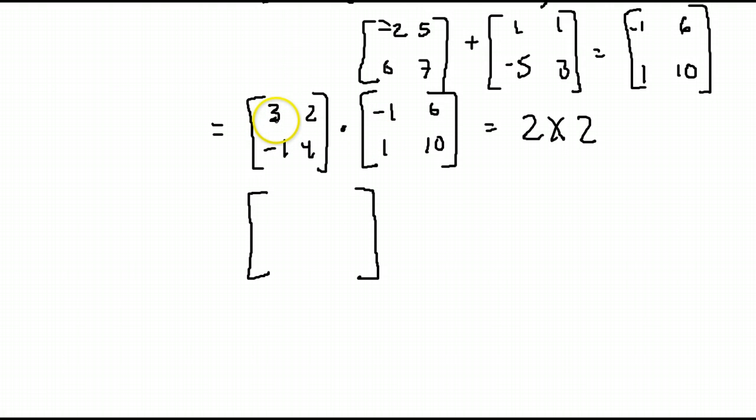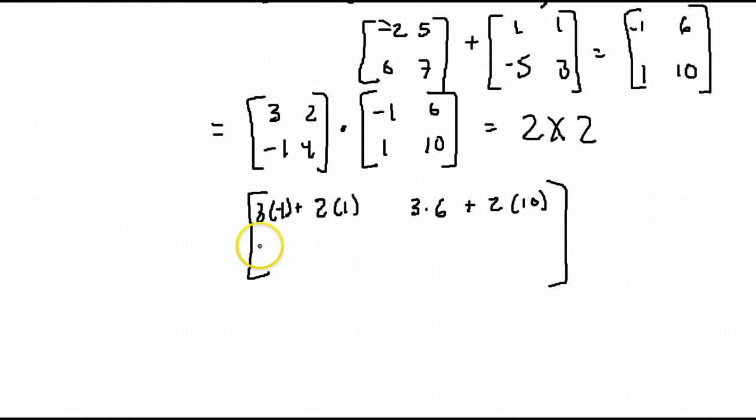So we have 3 times -1 plus, I'm going to erase this second bracket, it's not big enough, so I'll redraw that in a moment, plus 2 times 1, which is just 2. And now the second element of the first row is first row, second column. So we have 3 times 6 plus 2 times 10.